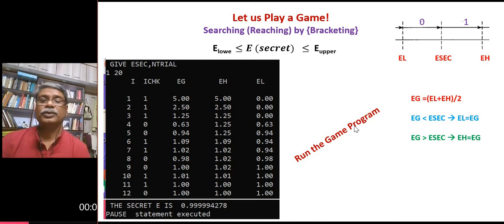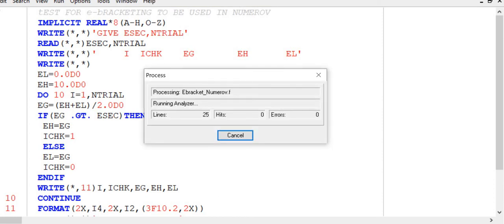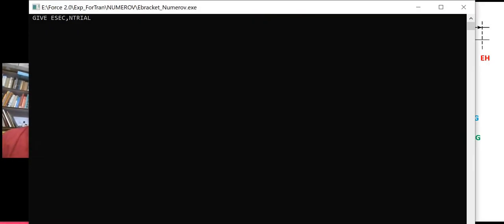Okay, for your curiosity, I can run the program quickly. You just follow. This is the program, and I am just running it quickly, giving some secret E value as I have shown with 1. So let me show here with say 0.5 or 1.25, whatever it is, and giving two bounds. Lower bound is 0 as usual, and upper bound I have given 10.